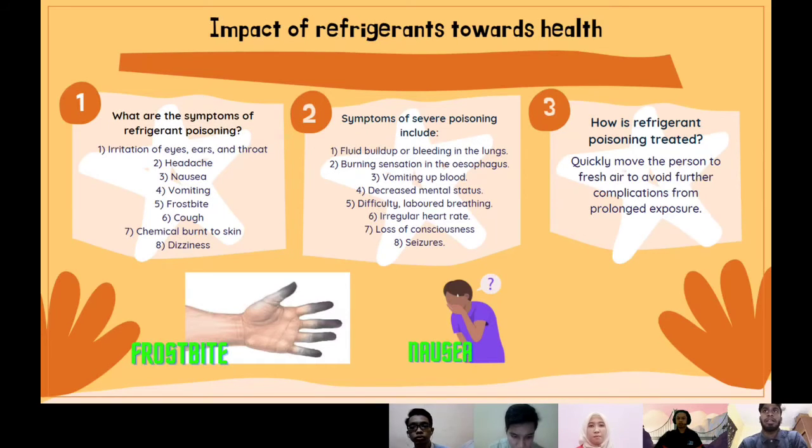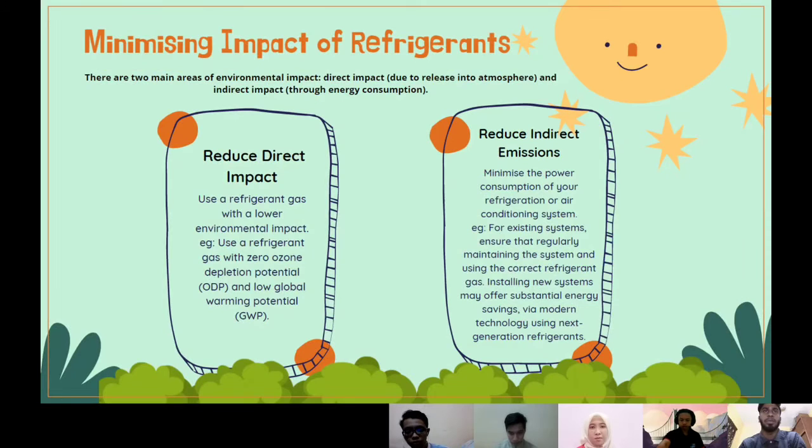These two effects can be life-threatening. The third is how we can avoid this and treat it: quickly move the person to fresh air to avoid further complications from prolonged exposure. Next.